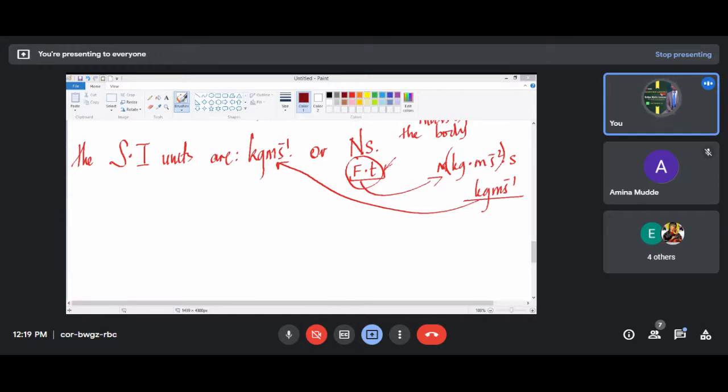Proceeding, you can be asked to find the magnitude of momentum.